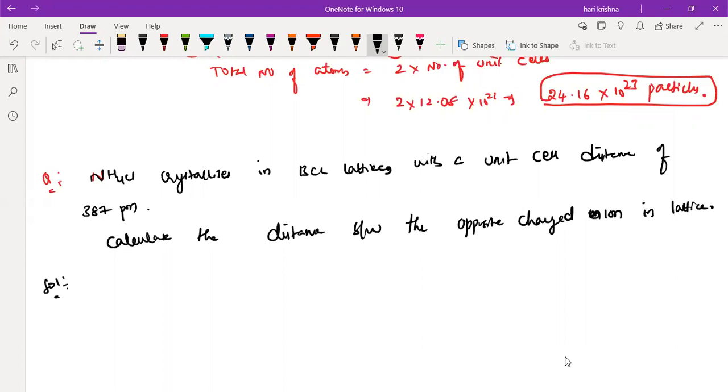In the case of BCC, what is the formula? rc plus ra equal to root 3 a by 2. Just use that formula to get the answer.